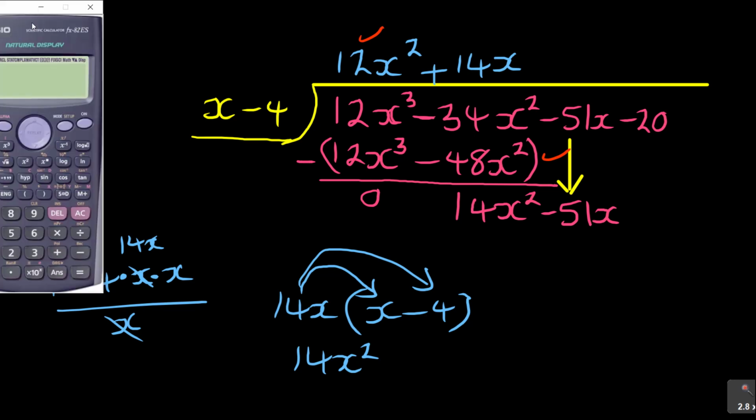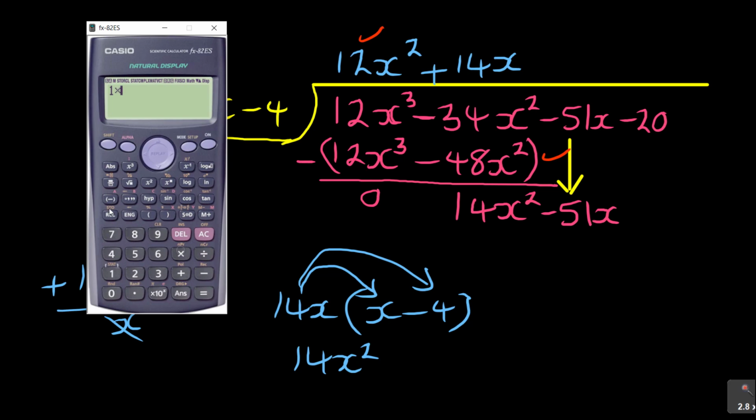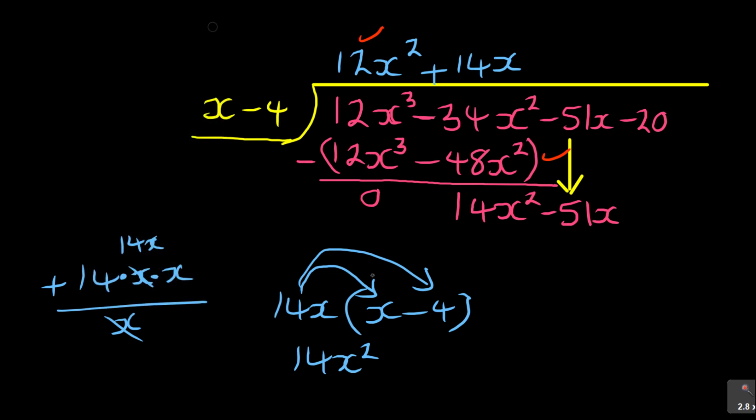Your calculator will come handy. 14 times negative 4. It's 14, not 4. 14 times negative 4 is negative 56, which is minus 56, but it's minus 56 what? It's minus 56x, you see, because it's 14x times that.